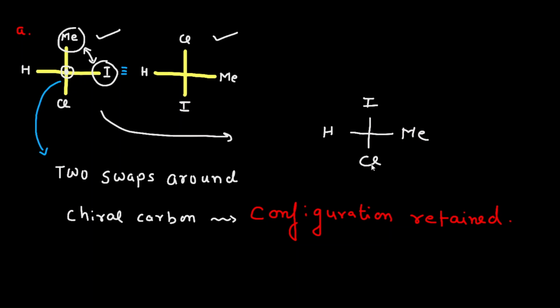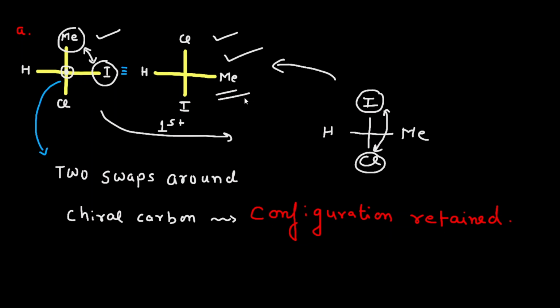Now you swap the 2 groups, iodine and chlorine. You can choose any 2 groups, you should remember that. So this is the swapping you have done the first time, and then you swap these 2 groups the second time. Once you swap these 2, you will obtain this particular Fischer formula.